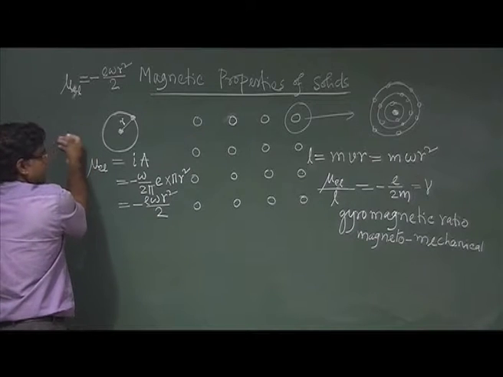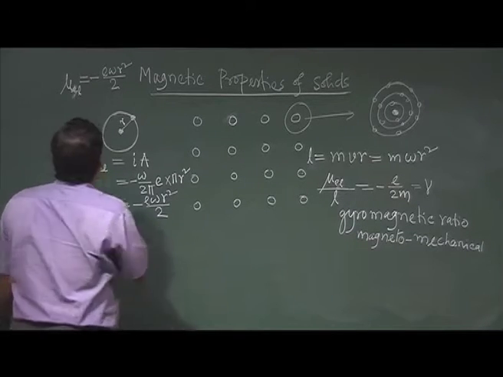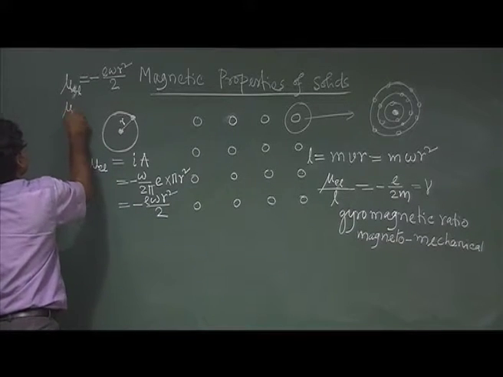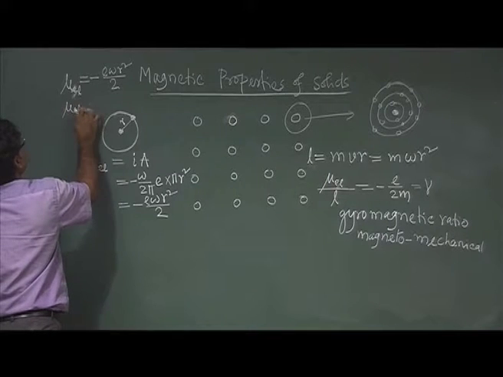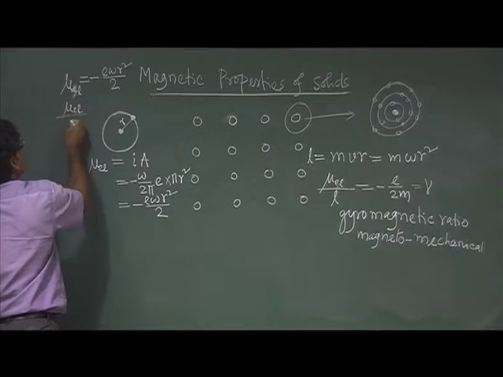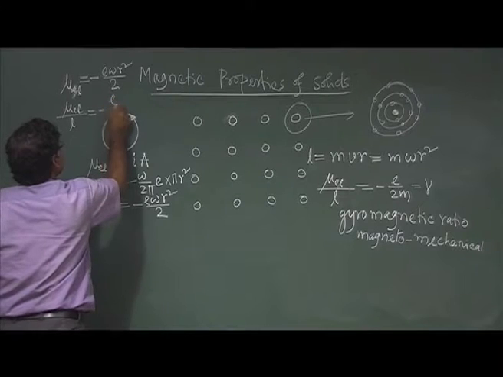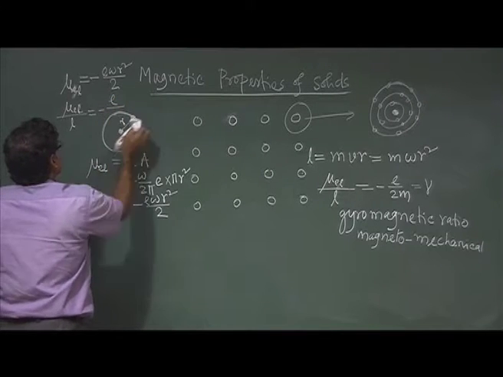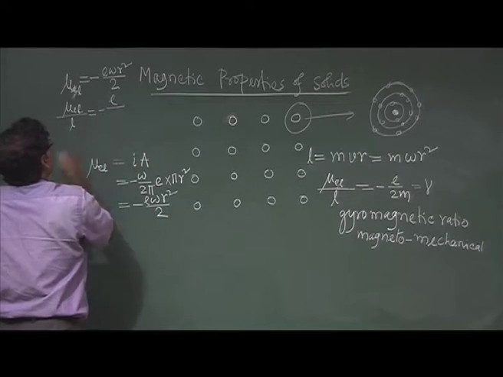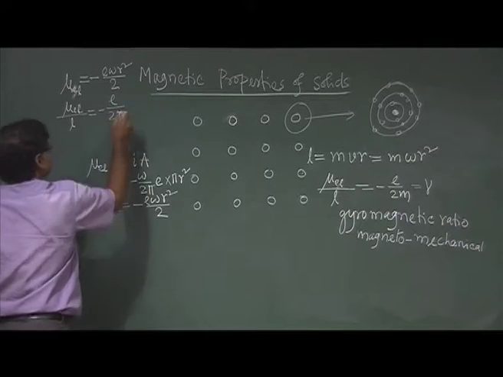So what I got is mu L by L equal to minus E by 2m, right.